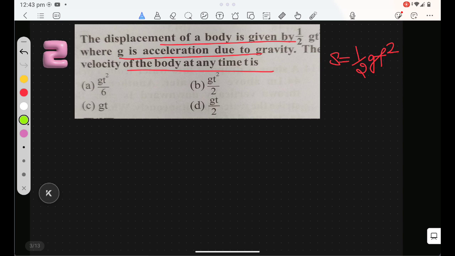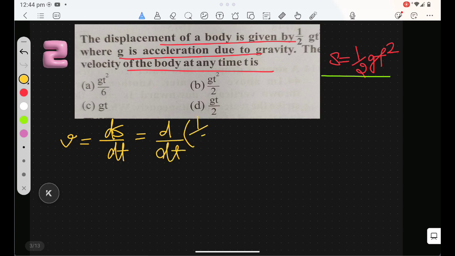So in this question, the displacement is given, and velocity is what? Differentiation of displacement. So I can differentiate it. So ds by dt is going to be the velocity at any particular point of time. Instead of s, I'm going to write half gt square. The value of g is constant for earth.